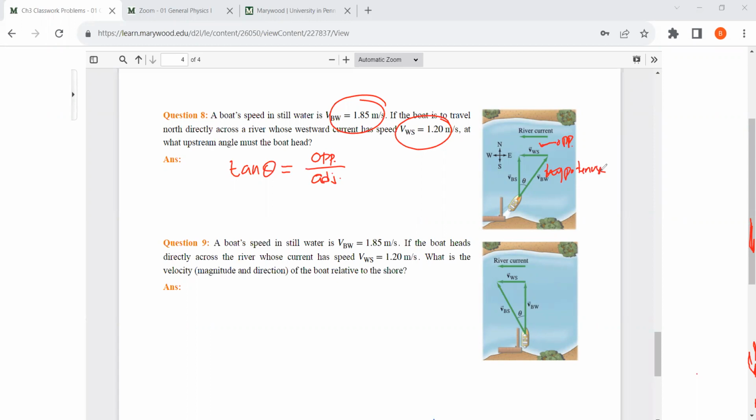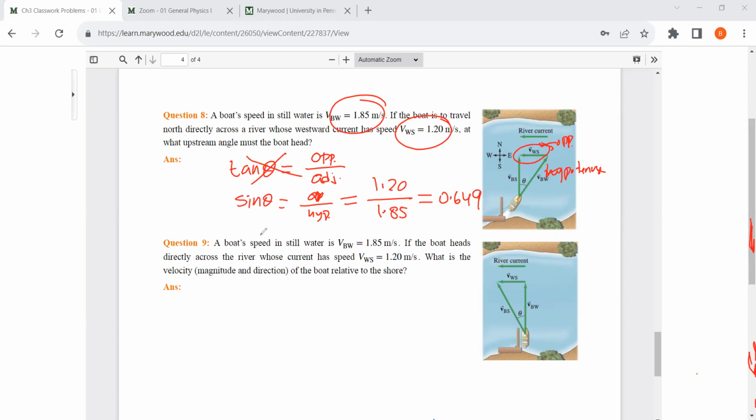So we cannot use tan theta. What we can use is sine theta, which is opposite by hypotenuse. Opposite is 1.20, that is this one, and hypotenuse is 1.85. This gives us 0.649.